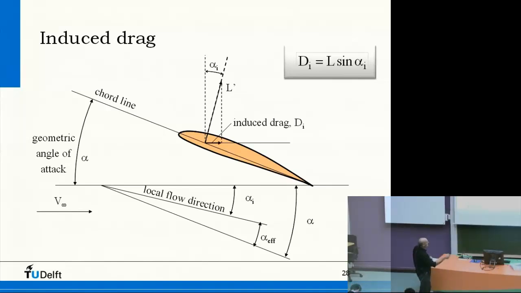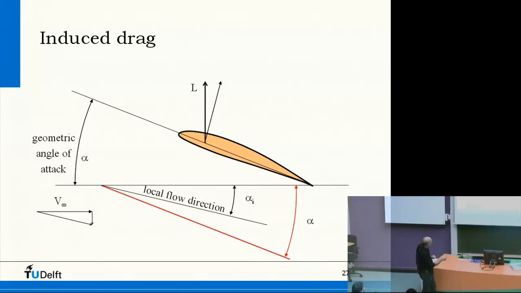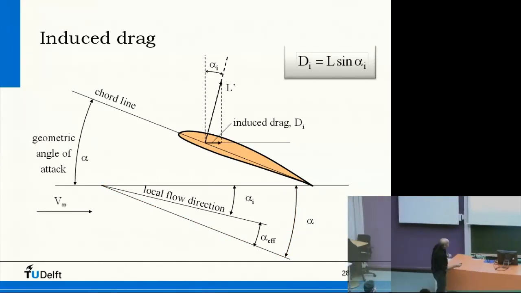And we call this an induced drag. And this rotation of the lift vector is due to this velocity here. Because it's in the drag direction, we call it induced drag.